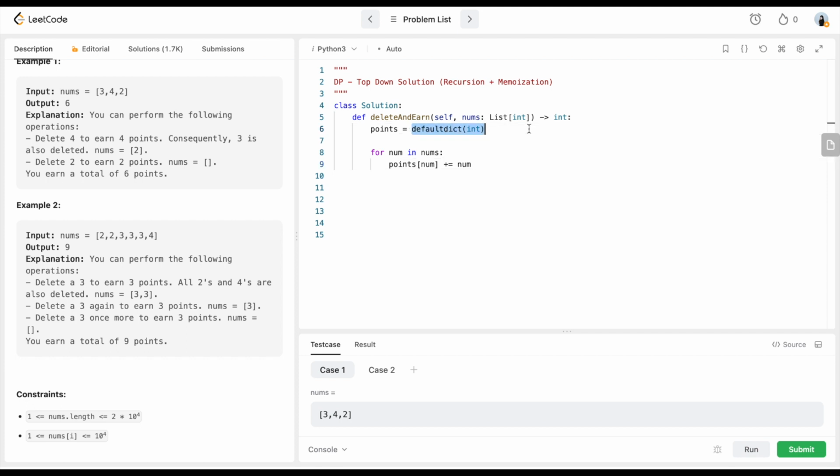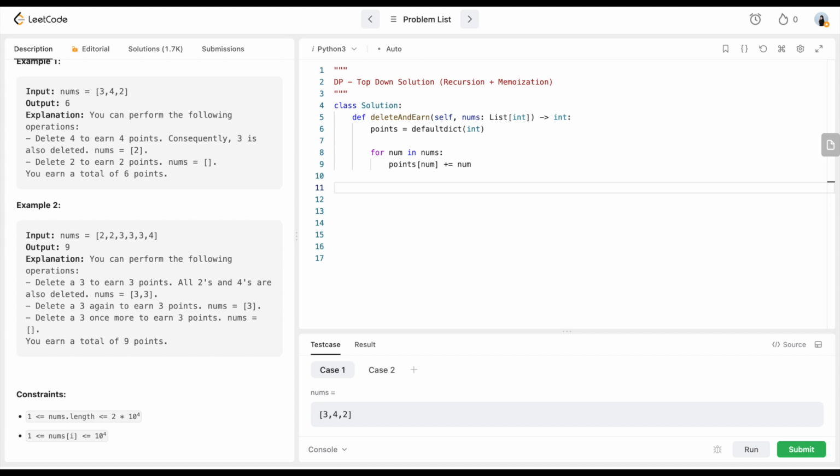We use defaultdict of int instead of just a regular dictionary, because when we're writing this line and adding to a non-existing num, a regular dictionary would throw a key error, but with a defaultdict of int, it would just add on to it, because all the numbers in here default to 0 already.